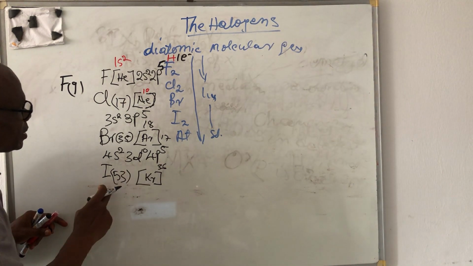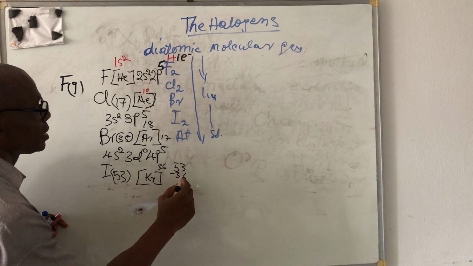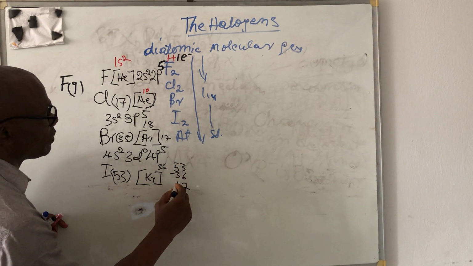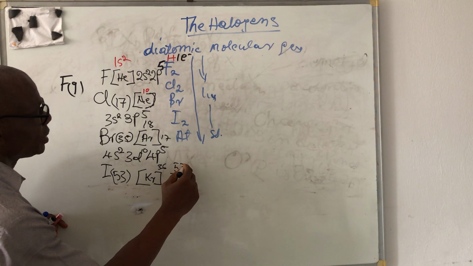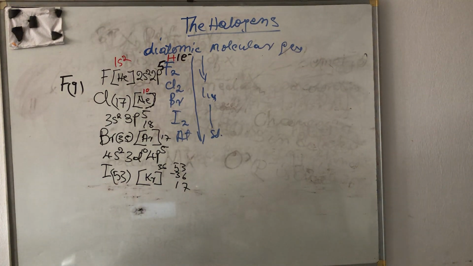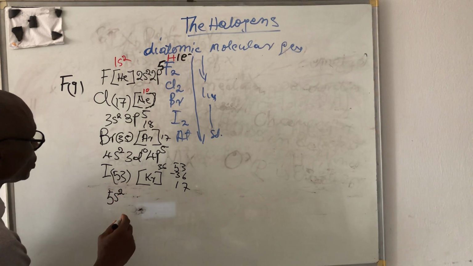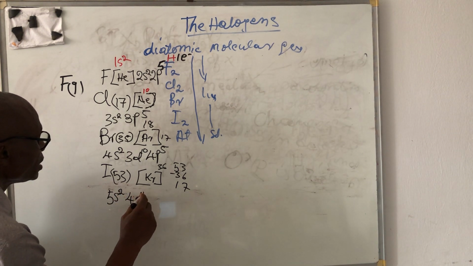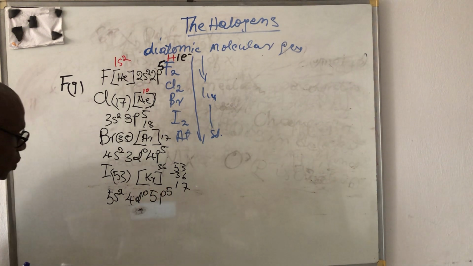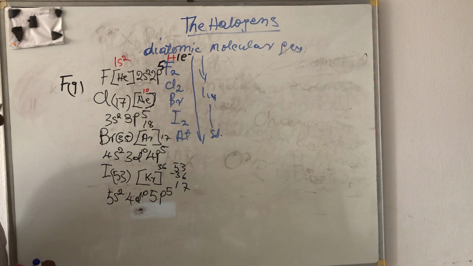If you subtract 36 from 53, you have 17. So you realize that you need to have 5s2, 4d10, 5p5. And that is the electronic configuration of iodine.